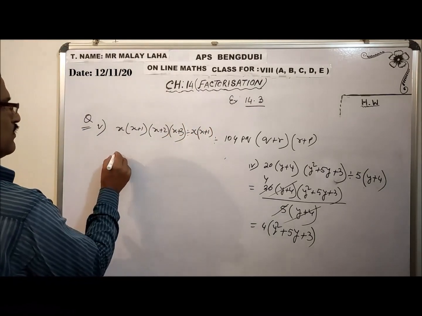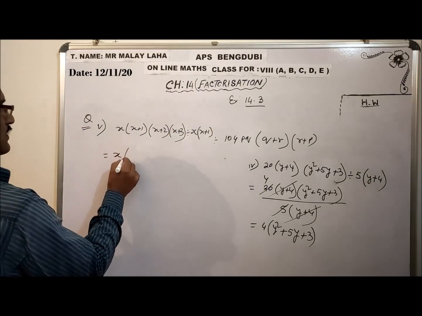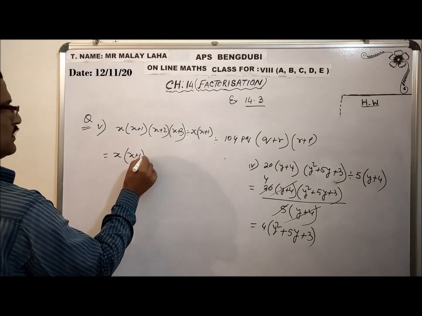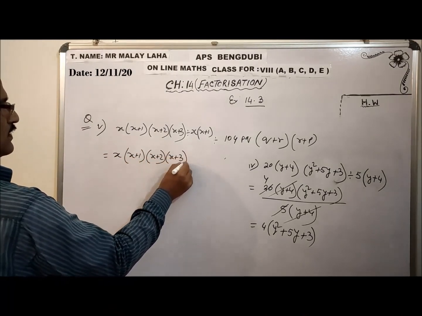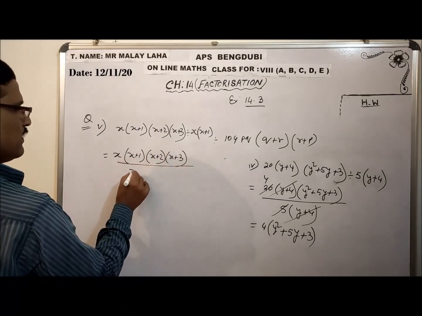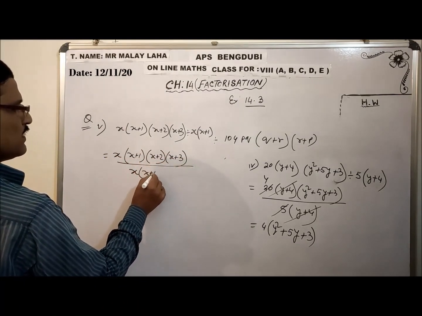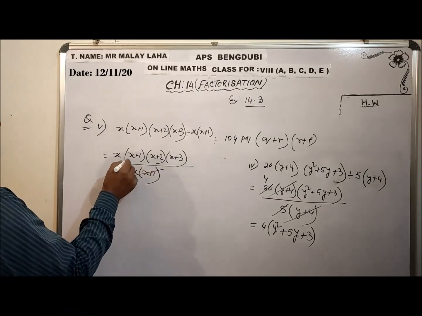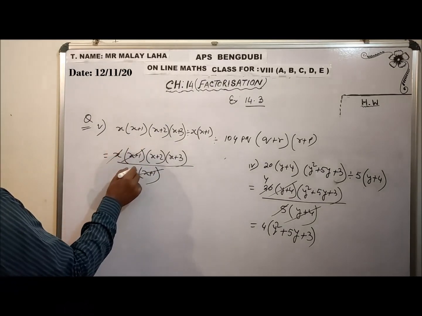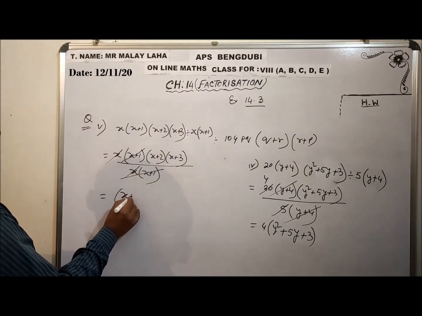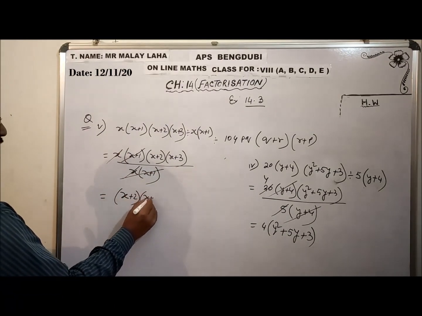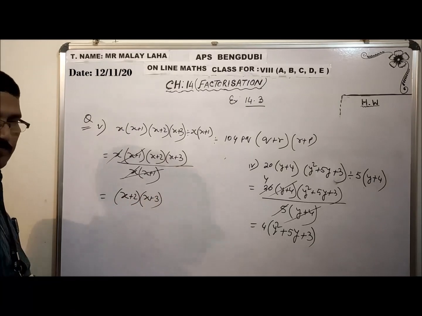Okay, write down in division form: x into (x plus 1) into (x plus 2) into (x plus 3) divided by x into (x plus 1). So x plus 1, x and x cancel. What is left out? (x plus 2) into (x plus 3). Clear?